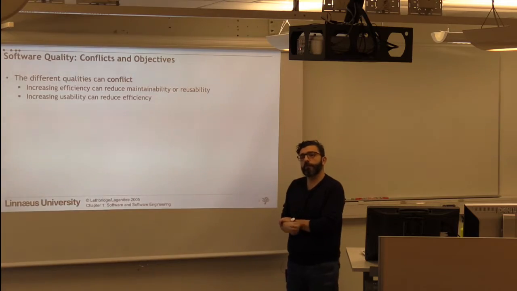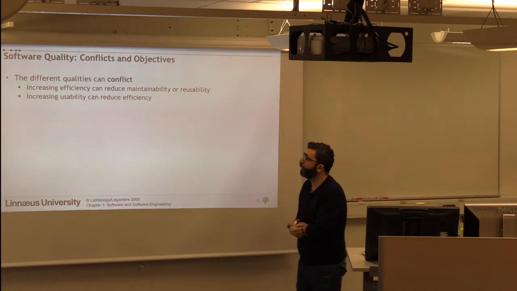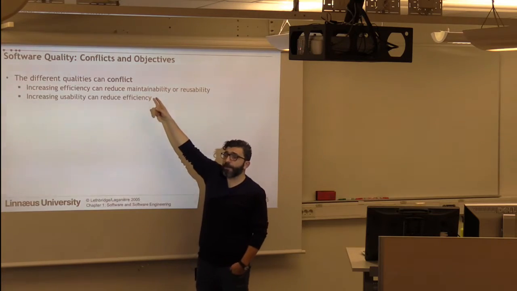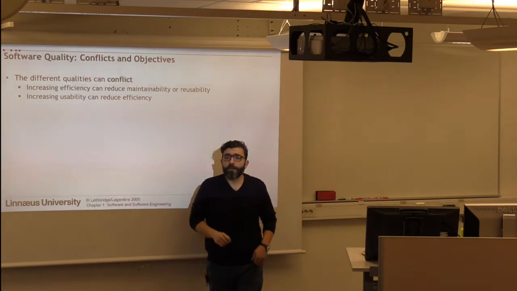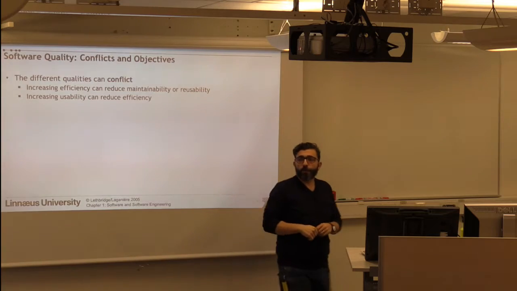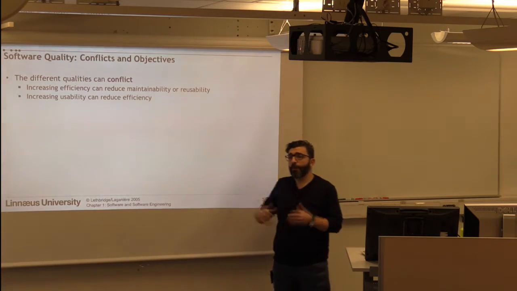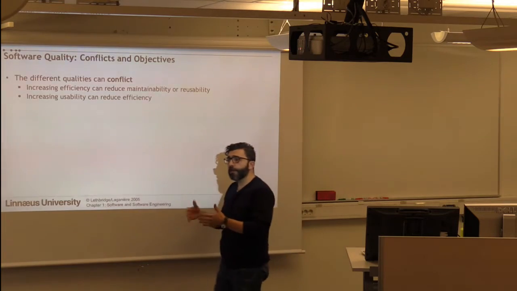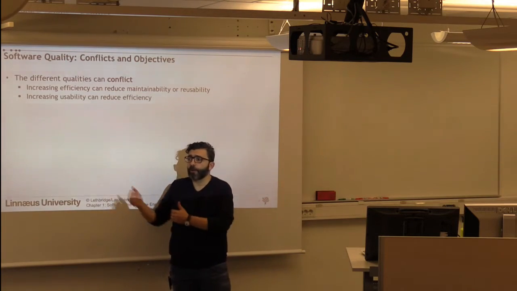We will discuss this later in the course. But in order to improve the maintainability and the reusability, you should make the software more general. The more general a functionality is, the more reusable it is in different projects.